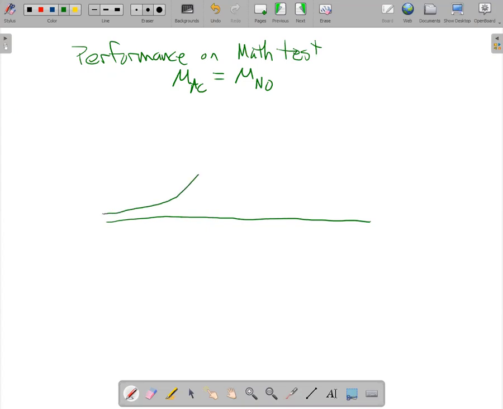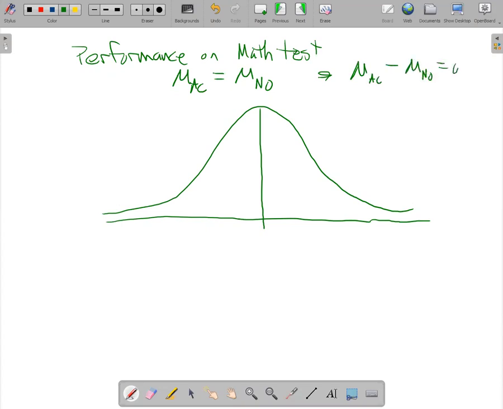And then just like always, I draw my best bell-shaped curve. I like to make a mark down the middle. So if they're equal, that means if you subtract one to the other side, then the population parameter is 0, right? That was the other way I wrote it. So 0 goes in the middle.